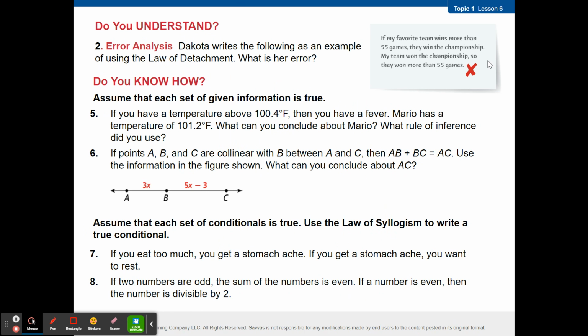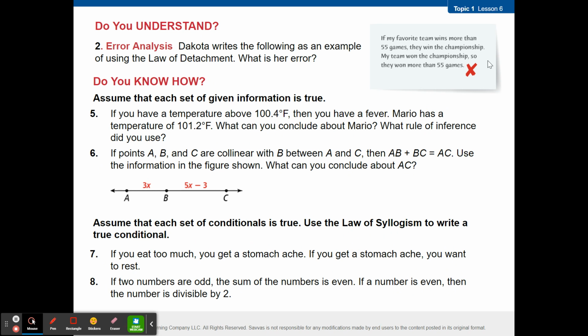Syllogism is saying, hey, now we're going to have these two conditional statements, and they link using the conclusion of the first as the hypothesis of the second. Because the conclusion of the first is the hypothesis of the second, then the hypothesis of the first and the conclusion of the second combined also have to be true.